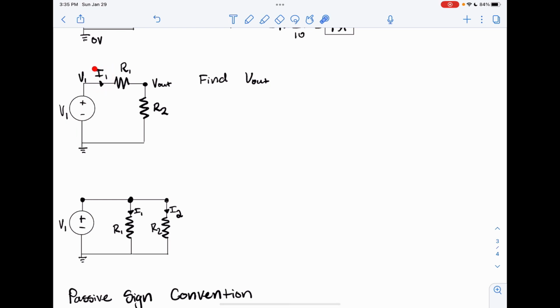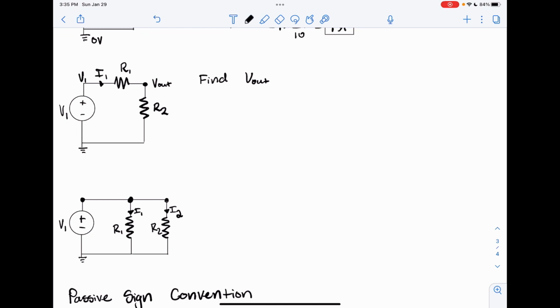So this I1 here is also going to flow in the only direction that it can, back to ground, which means that I1 is also going through R2.